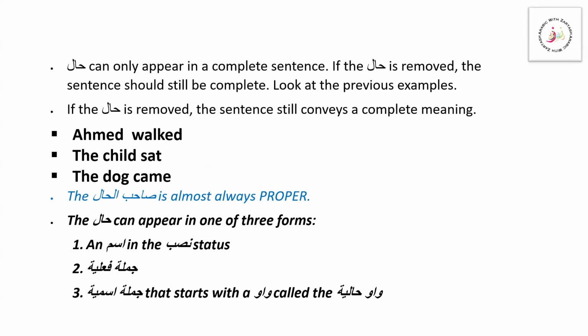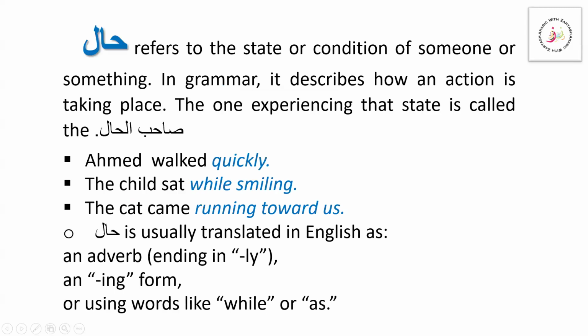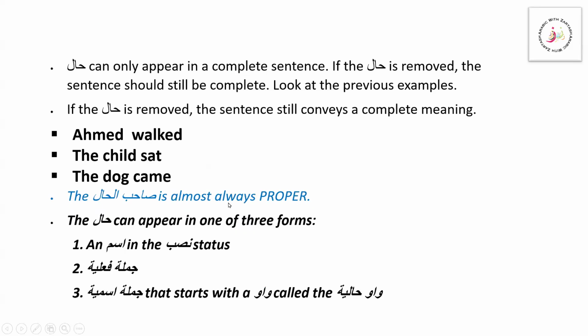It is still complete. We have these examples: Ahmed walked, the child sat, and the cat came. If we remove all these words, we can still see the sentences are complete. Removing the hal is not affecting the sentence.